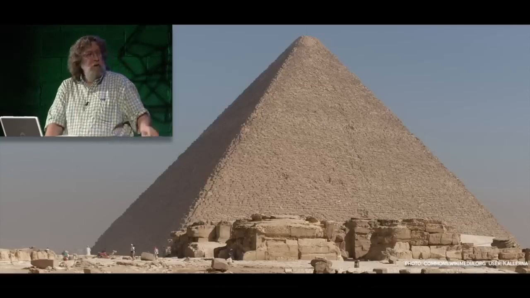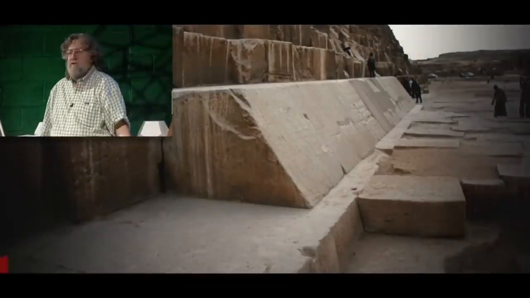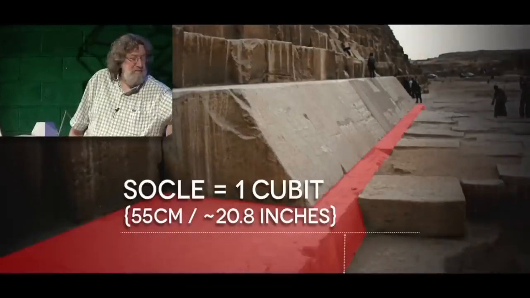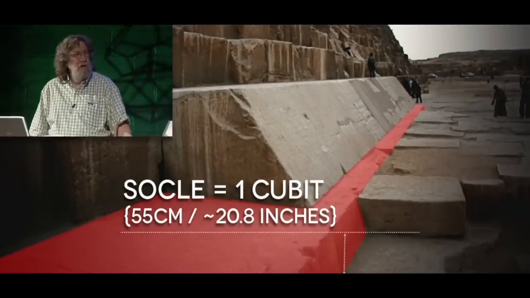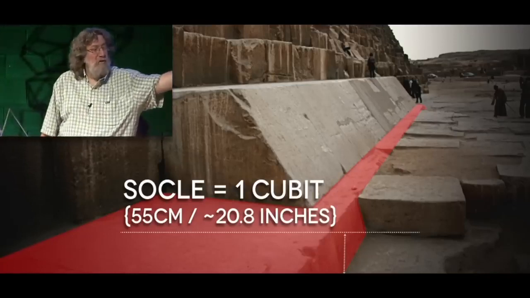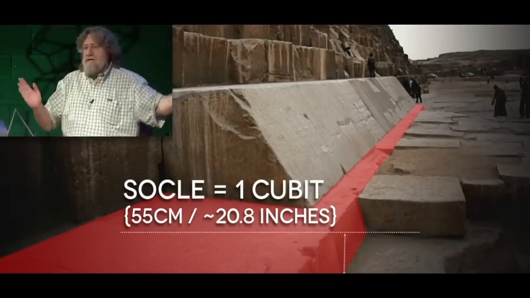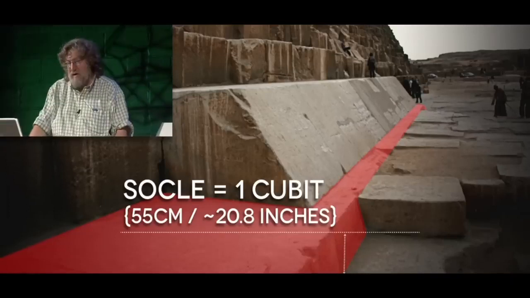So what we have here is some of the original casing stones, and they sit on what's called a socle, which is this base, which was measured to be 55 centimeters in thickness. And of course, you have to bear in mind that this original slope casing stone wasn't stepped like that originally. It was a smooth profile.